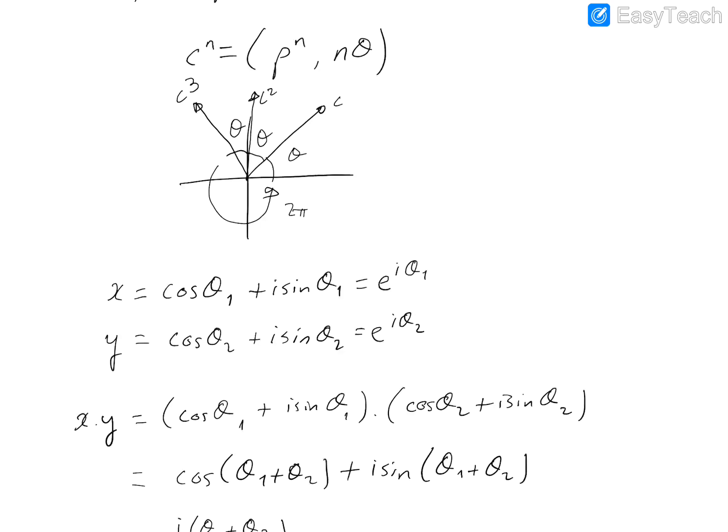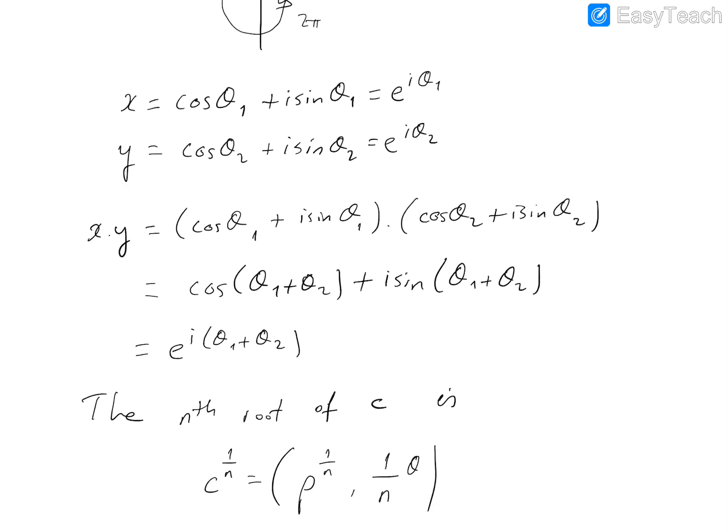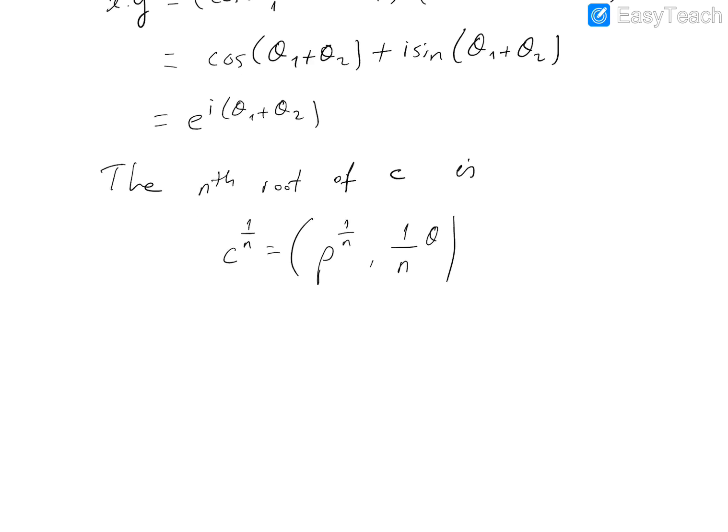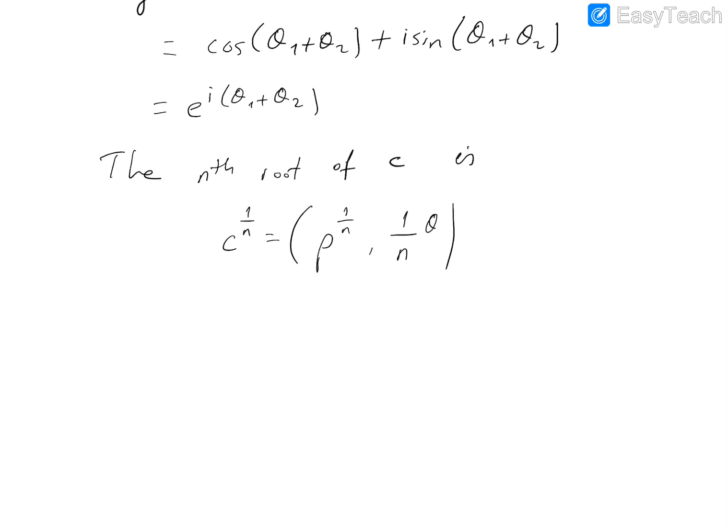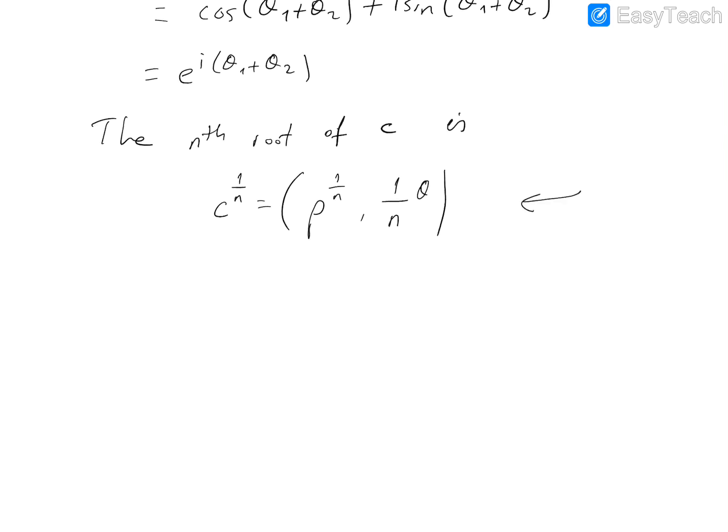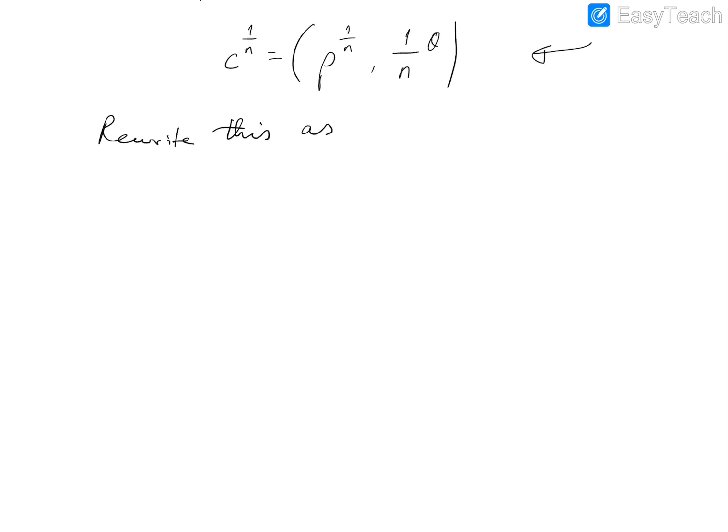Because if we go beyond, it cycles, it repeats. So the phase is defined up to multiples of 2 pi, so therefore we can rewrite this equation as rho to the power 1 over n, and then we have 1 over n times theta plus multiples of 2 pi, so that's 2k pi.